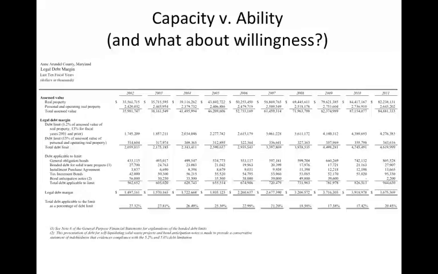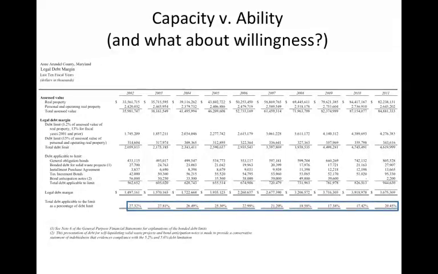And the schedule of debt limitations, it might be called the legal debt margin schedule, or the legal debt limit schedule, that's going to show you over time how much debt borrowing capacity a government has overall, how much of it is used, and how much is left over.